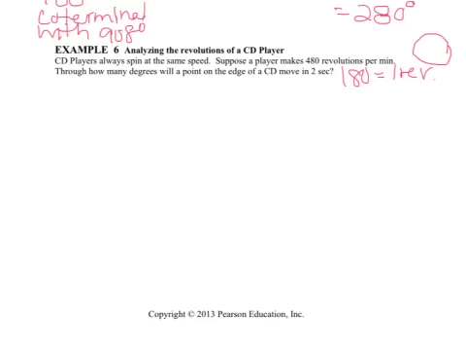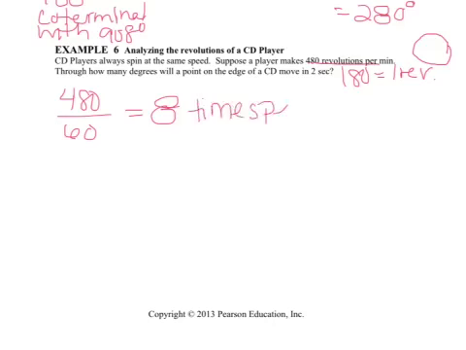Okay, so it says that it has 480 revolutions per minute. So if I take 480 revolutions and divide it by 60, which is 1 minute, then it tells me that it's going to go around 8 times per second. Okay, so we know that there are 60 seconds in 1 minute.